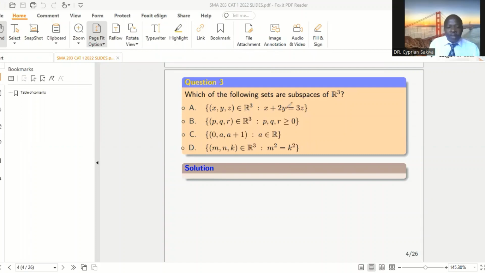But the question is about subspaces, and we say that a subset, let me use S of V, I'm just giving you the definition, to be a subspace if it meets the following conditions.